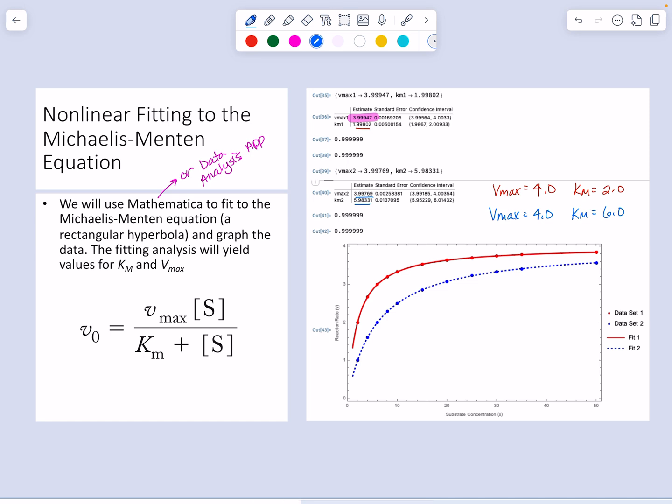Okay, so let's talk about where Km and Vmax appear on a Michaelis-Menten plot. Km, remember, is related to substrate affinity.